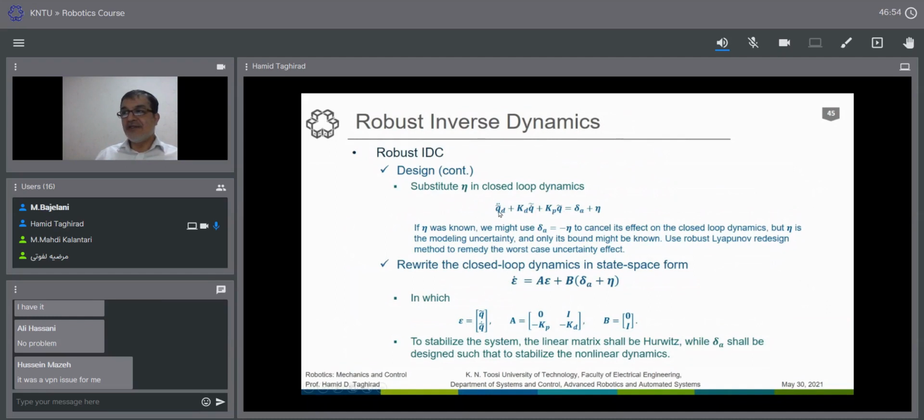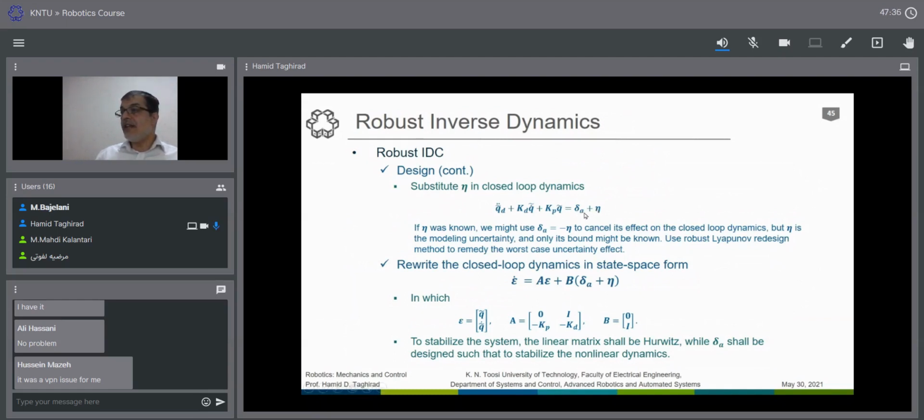You can see that the closed-loop dynamic is very similar to the previous case, the second-order case that is quite linear and parametric and vector-based or diagonal. It is somehow multivariable, but since we are using diagonal terms in KD and KP, it would be very simple. But unfortunately, we have an eta here, which comes from all the uncertainties, unknown parameters that we have in here.